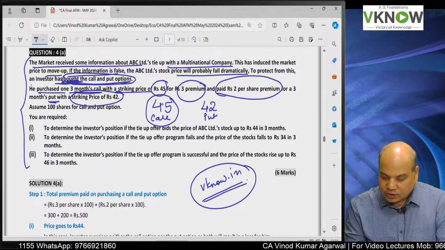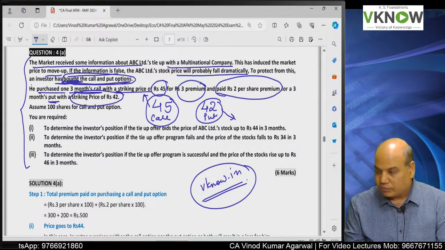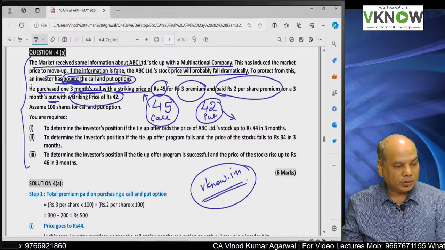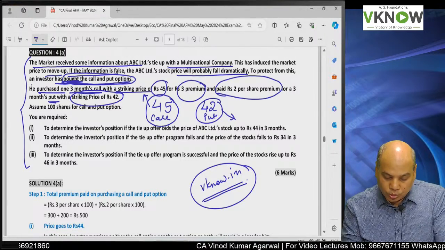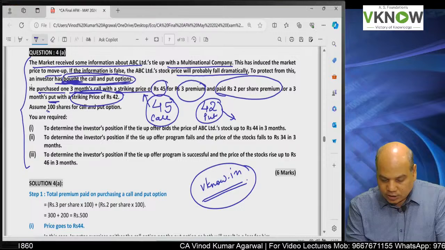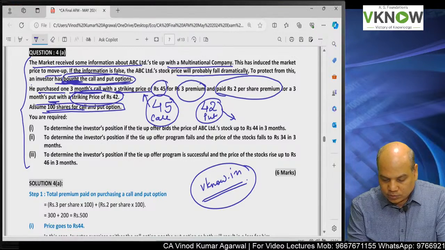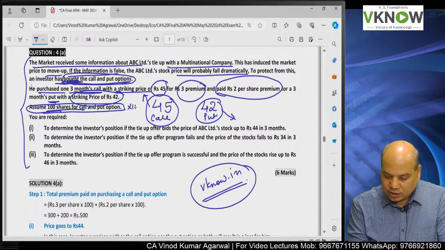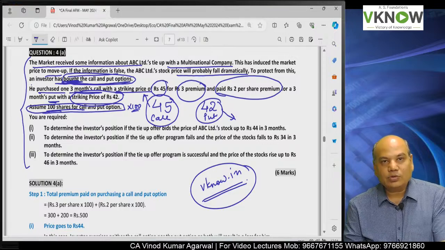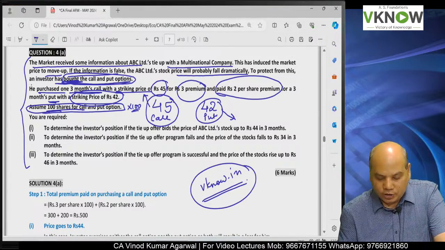Call will be exercised if market price goes above 45. Put will be exercised if market price falls below 42. And one more number, 100 shares. Assume 100 shares for call and put, so multiply by 100 for calculating premium, profit and loss.